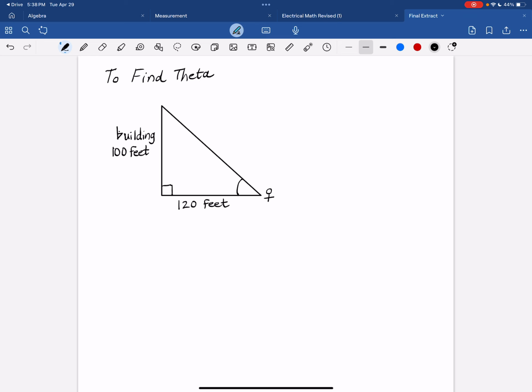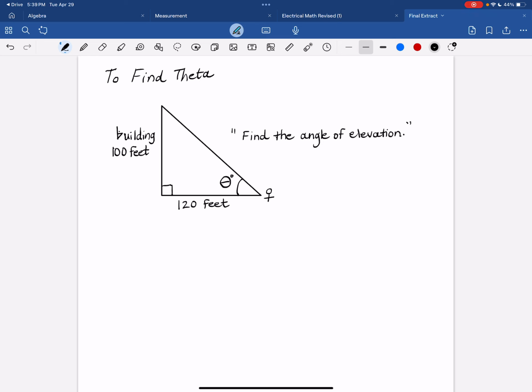But suppose we needed to find the angle of elevation. So if that were the question or the problem to solve, find the angle of elevation. So in other words, they want us to find the value of theta.